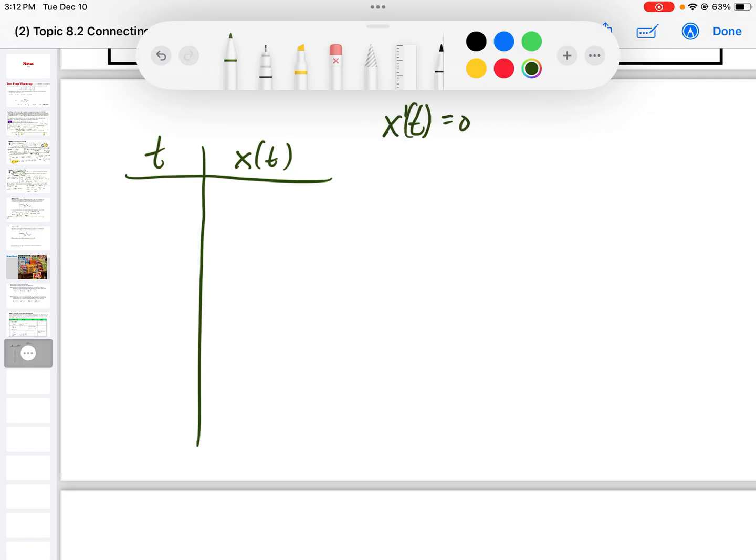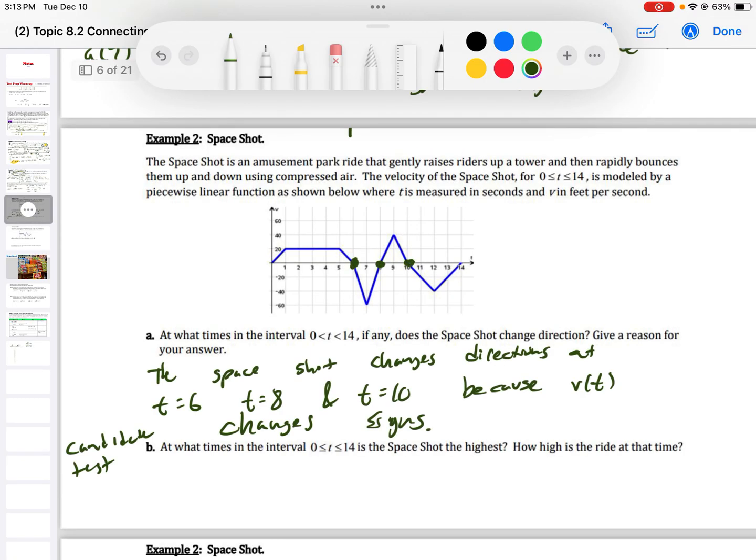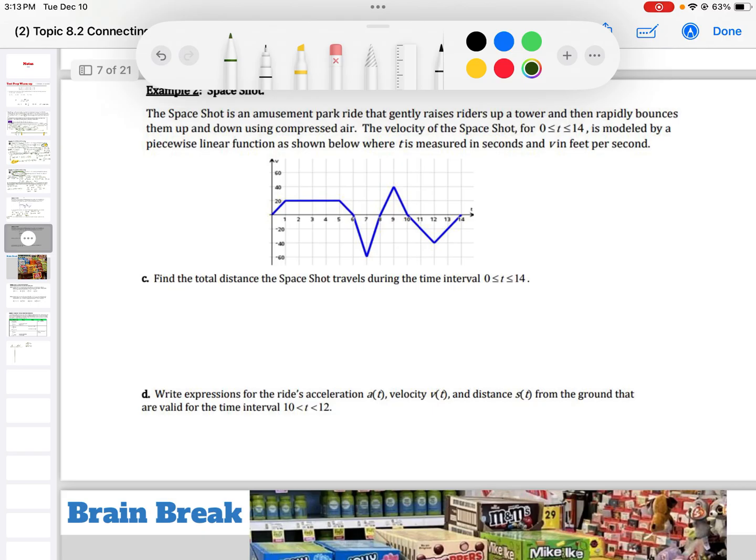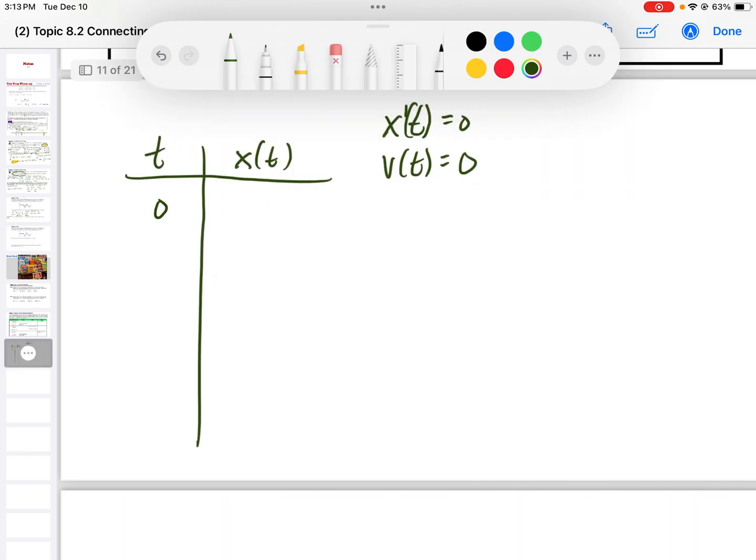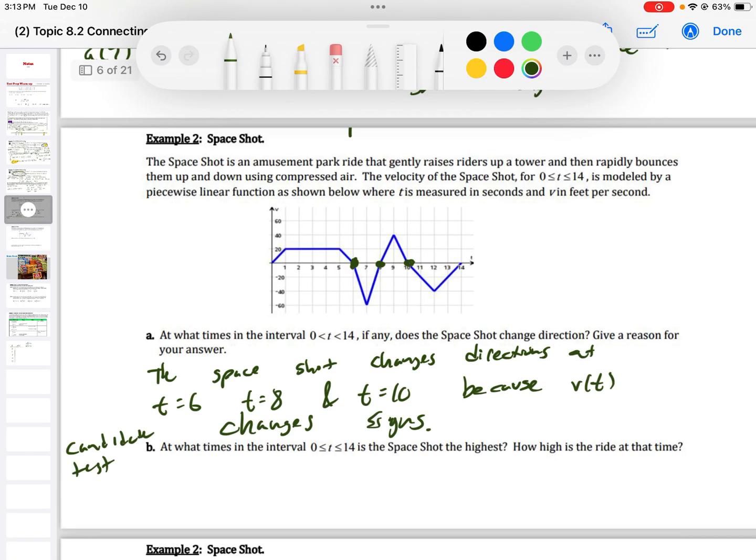And the critical values would happen where x prime of t is equal to 0, and x prime of t is v of t, right? So I need to look, where is the velocity equal to 0? Well, at 6, 8, 10, and then also at the endpoints, which happens to be where it's 0 again. So my candidates are going to be 0, 6, 8, 10, and 14.